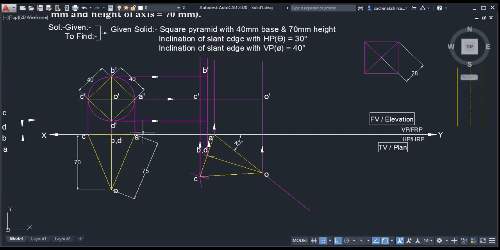Then point D dash and point A dash. So likewise points will be there: A dash, B dash, C dash, D dash and O dash. Please locate, and once you have completed, let me know. Only 5 points are there, nothing.